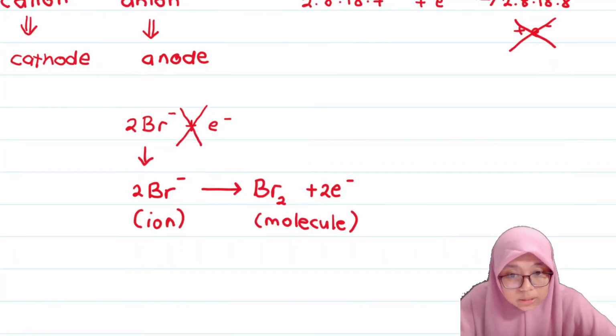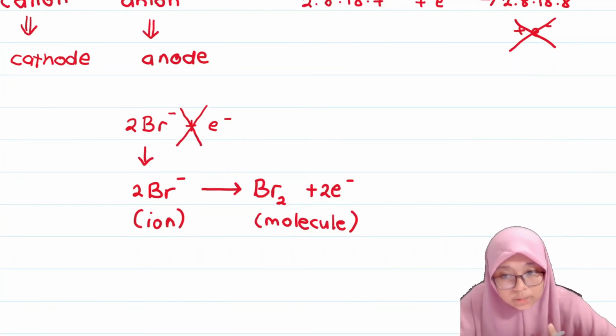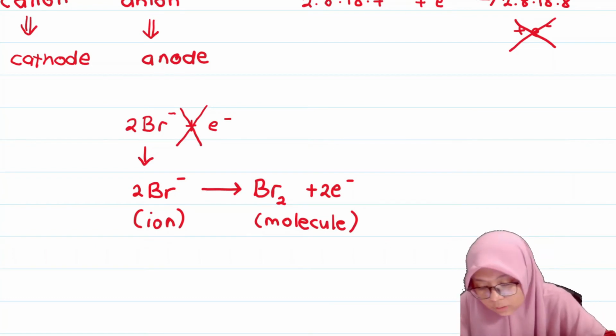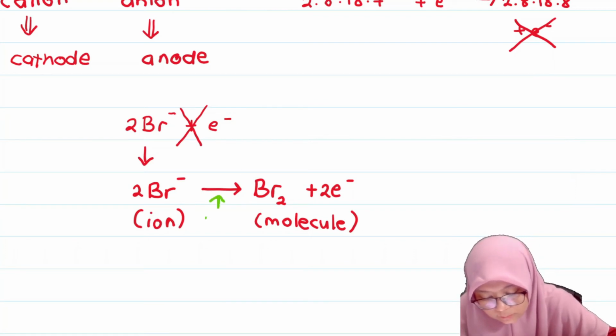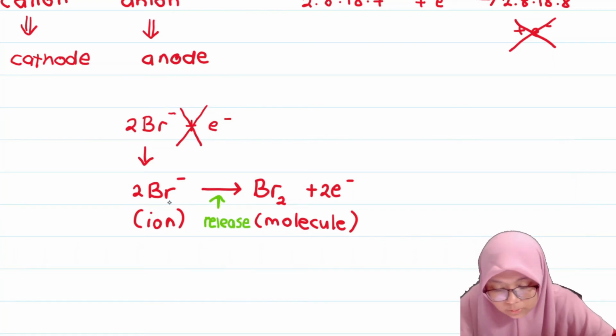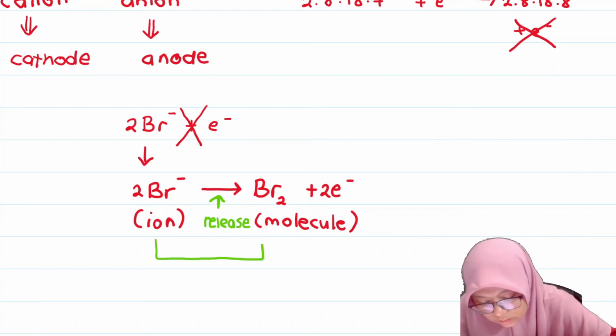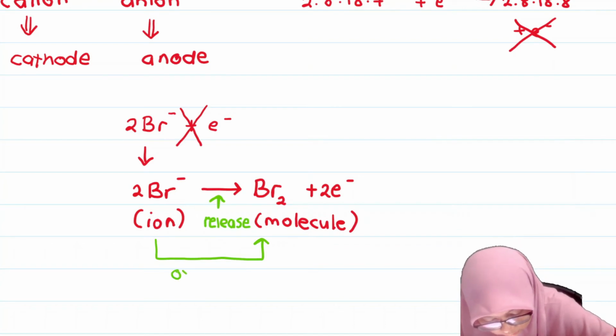Is this an oxidation reaction or reduction reaction? If you look at the half equation, you can see that the ion releases electron. If the arrow comes first, this means release. The bromide ion releases electron to form a bromine molecule. So this is an oxidation reaction.